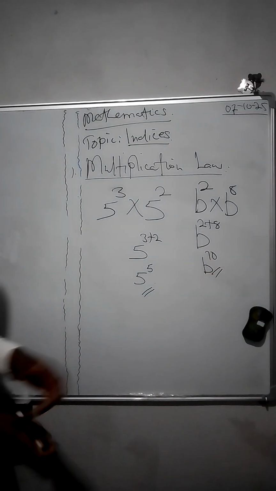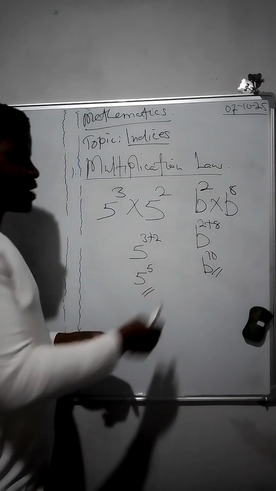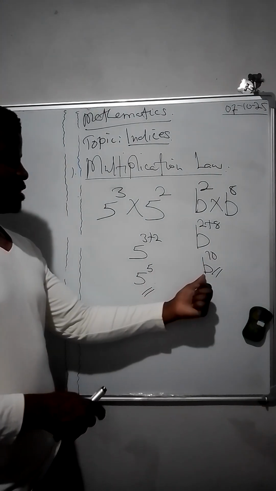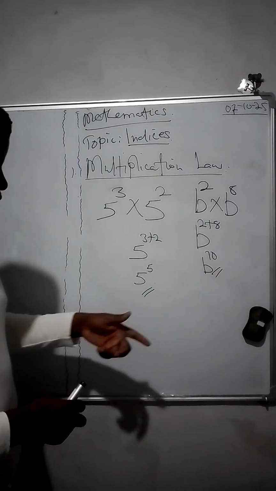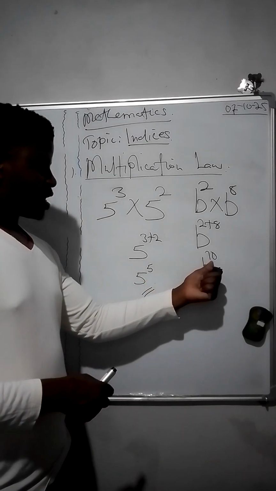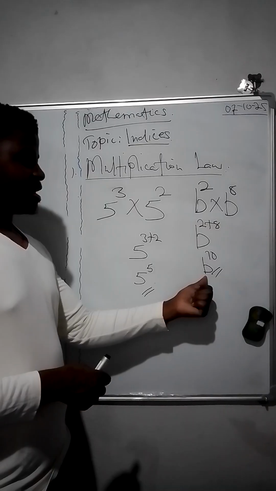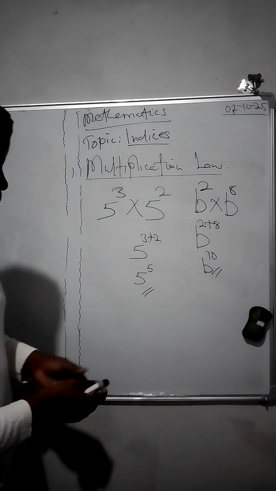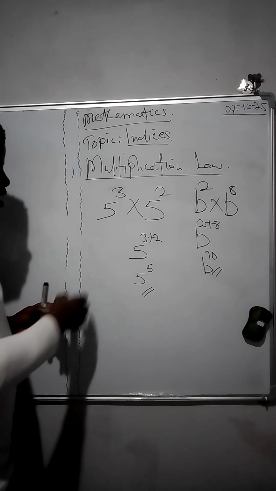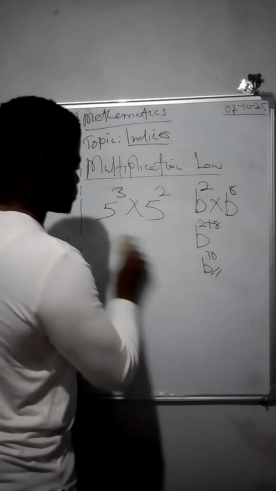That means the power or the index tells us how many times the base is being multiplied by itself.